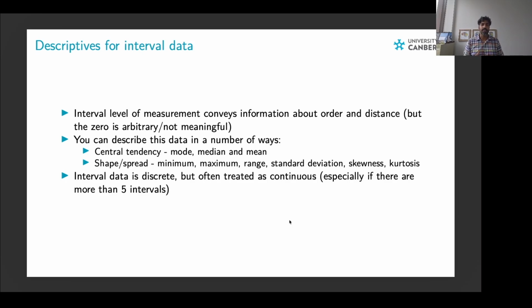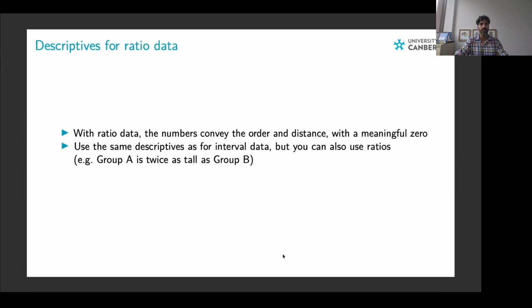But there are good arguments to say, well, is it truly continuous, or is it more ordinal, because it's 5 distinct categories, 1, 2, 3, 4, 5, and what is the meaning of the difference between a 0 to 1 versus a 4 to a 5? But for the purpose of this course, we'll treat it as continuous, and this argument is stronger, especially when you have more than 5, when you have 7 or 9 intervals. It's stronger to be able to say it's continuous data than it is ordinal.